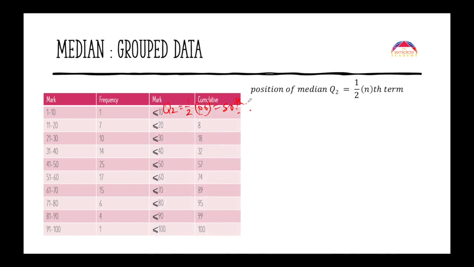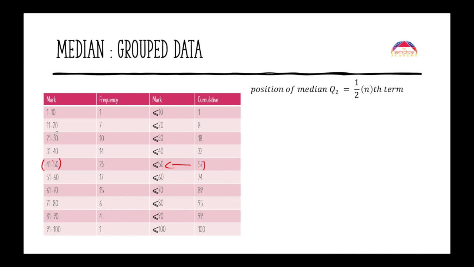Now, if we look at our cumulative frequency curve here, we could see that the 50th student falls in this bracket, less than 50, which falls in this interval. So Q2, at least we could see that it's in this interval here, right? 41 to 50. However, we can't really find the exact median just yet.